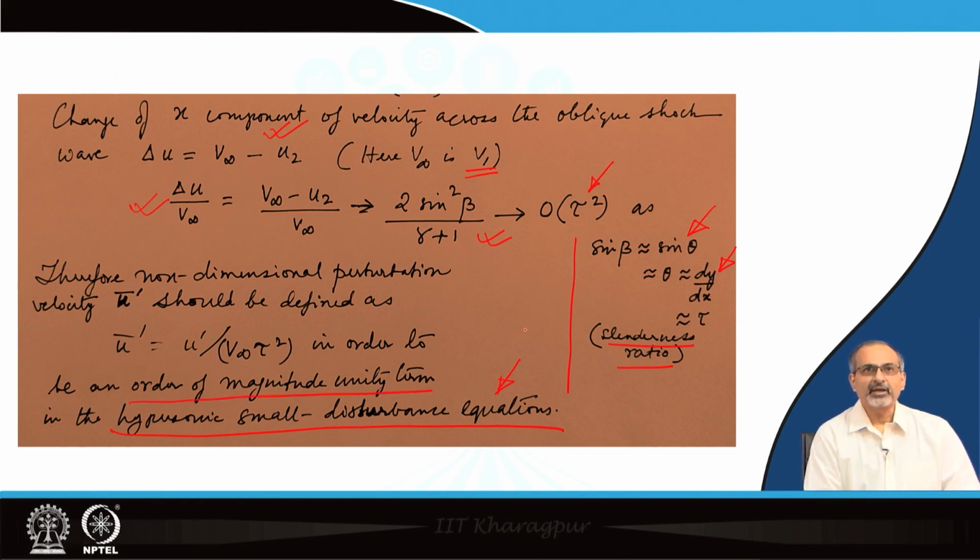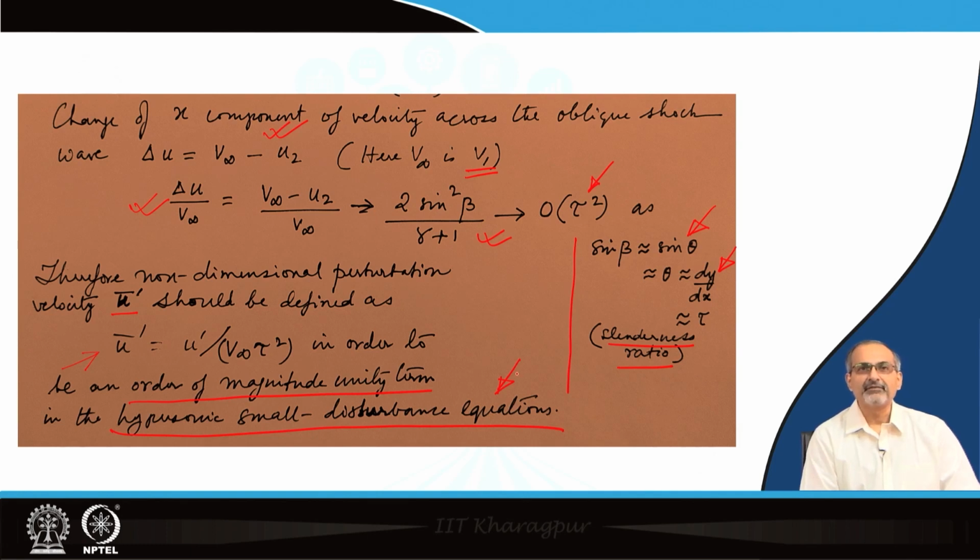Therefore, the non-dimensional perturbation velocity u bar dash, which was one of the terms we saw in that system of equations, should be defined as u dash, which is nothing but the change in u, by V infinity tau square, and that would give you an order of magnitude unity term in the hypersonic small disturbance equations.